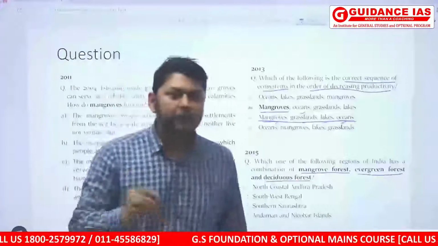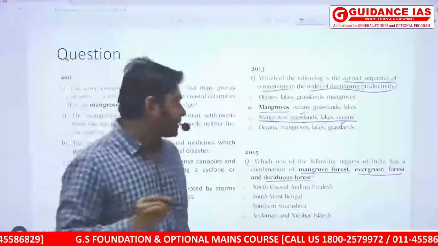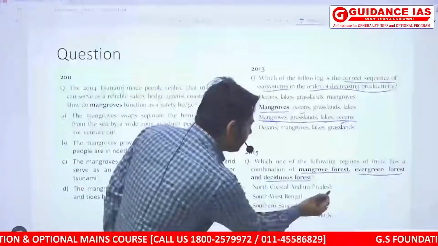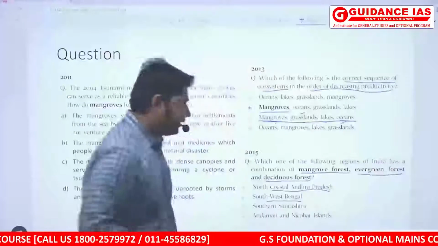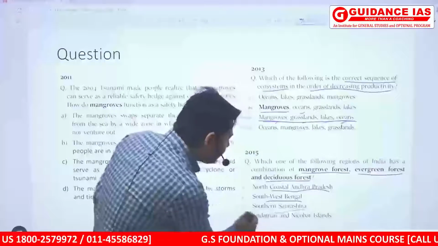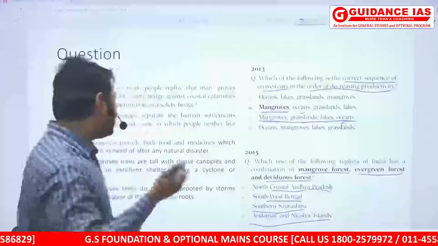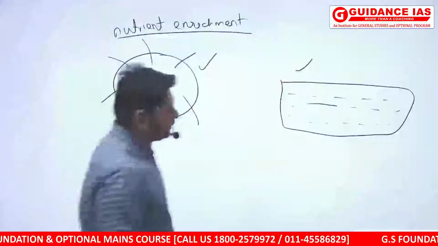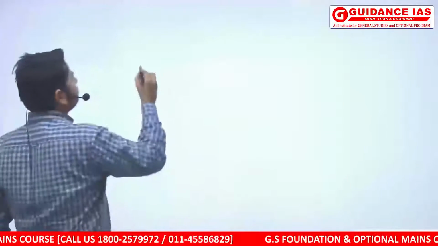The options it has given us are North Coastal Andhra Pradesh, West Bengal, Southern Saurashtra, and Andaman and Nicobar Islands. So we will see through a map how this question can be approached.